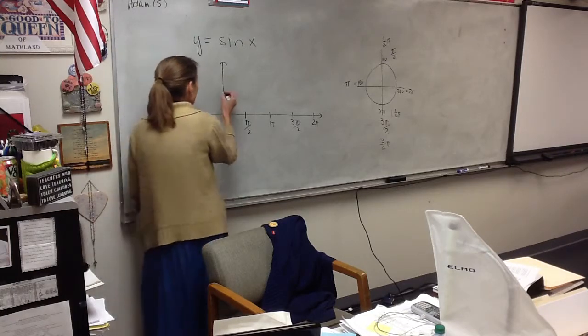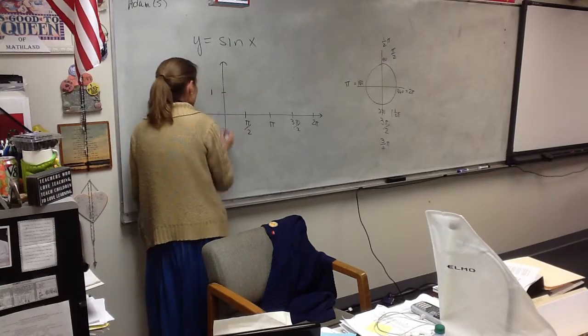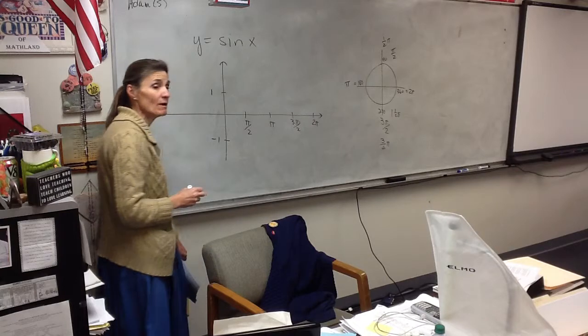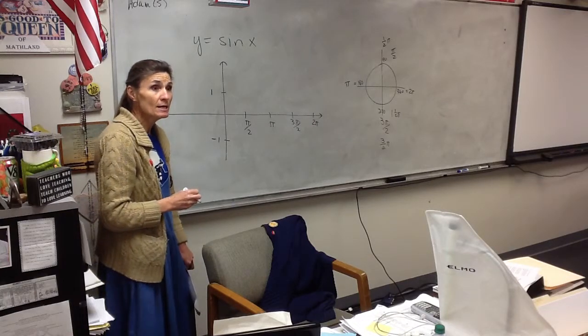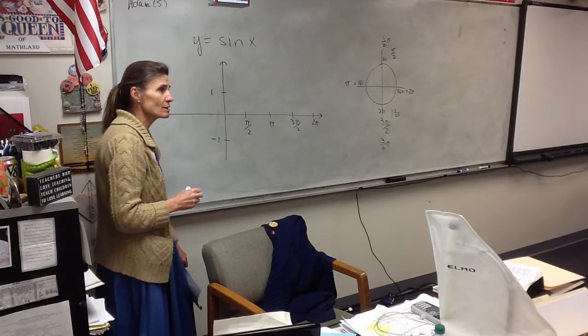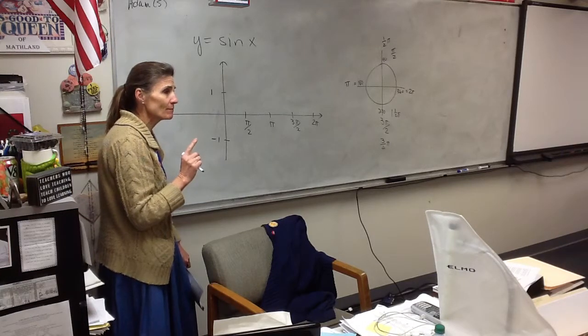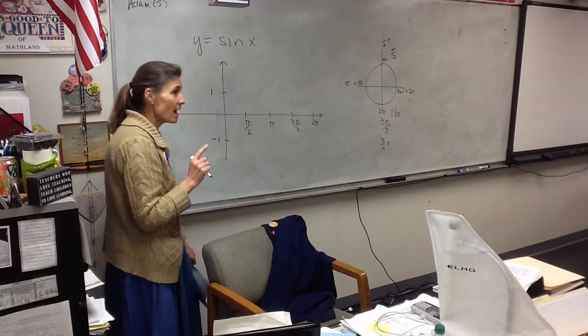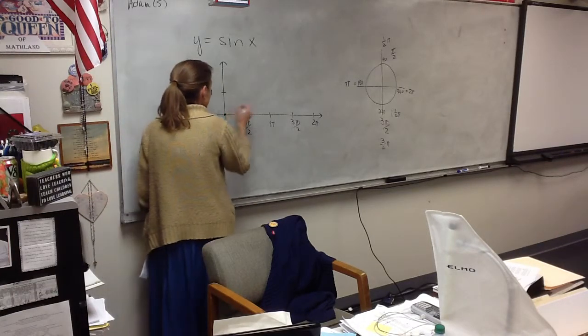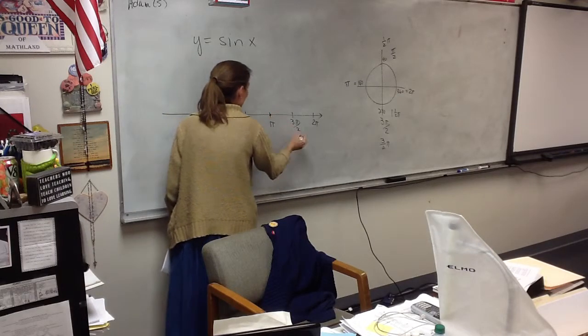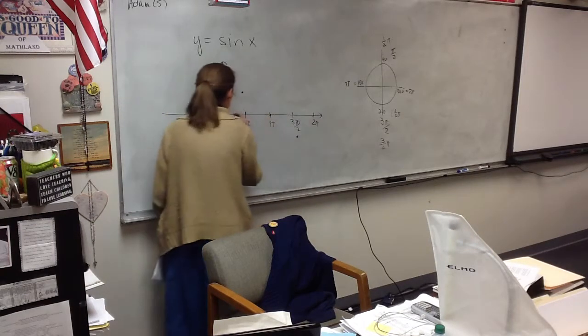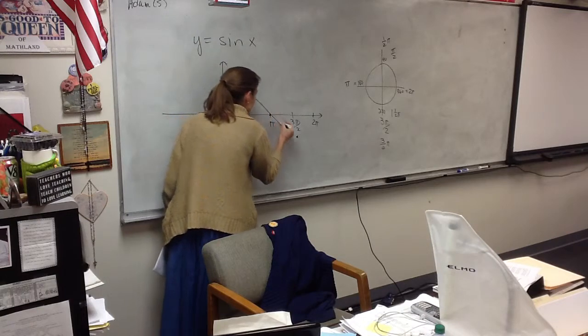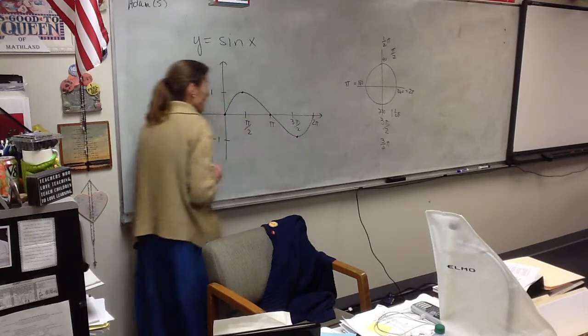Now your sine curve, and you remember this because it's one of your 12 basic functions. Remember the sine curve? How did you keep the sine and the cosine apart? Do you remember? One went through the origin, one didn't. The sine goes through the origin. So here is what your sine curve looks like. It's that nice little hill and valley.